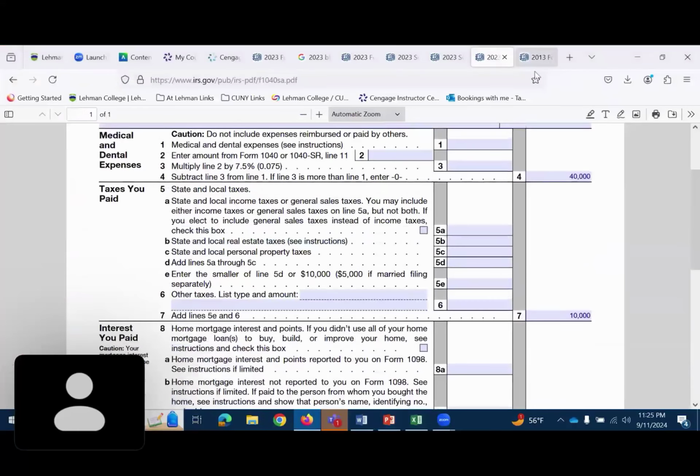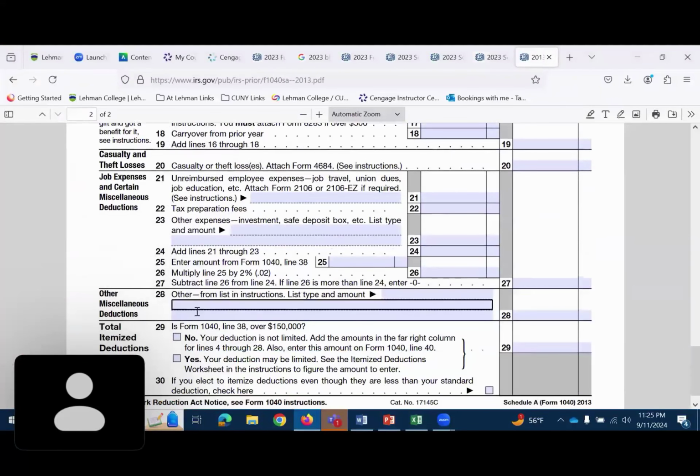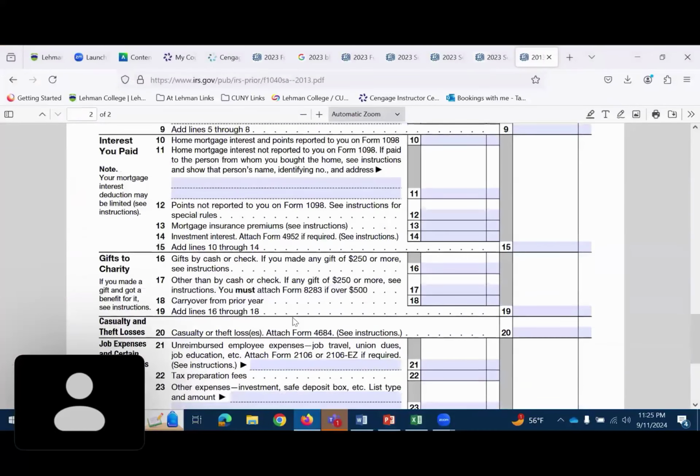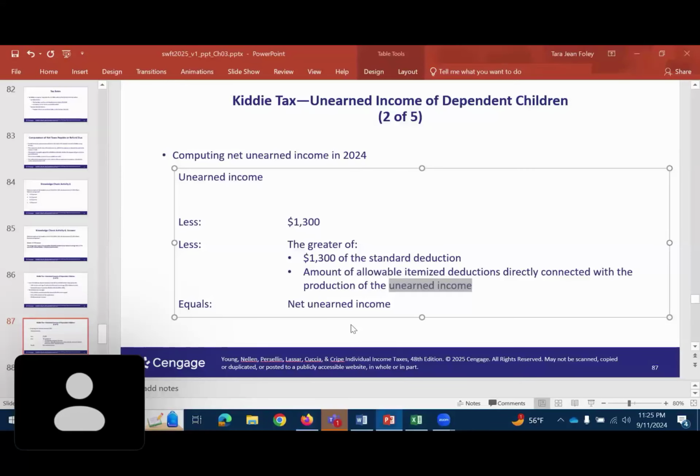So if I go here, other miscellaneous deductions. One of those other miscellaneous deductions would be net investment income versus net investment expense. That's what they're talking about.